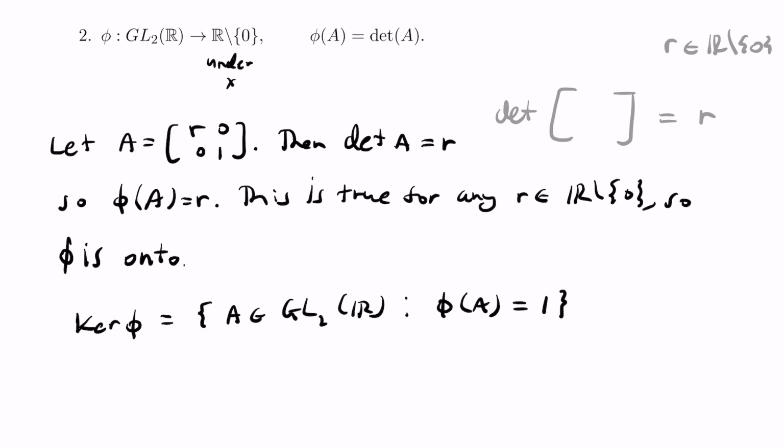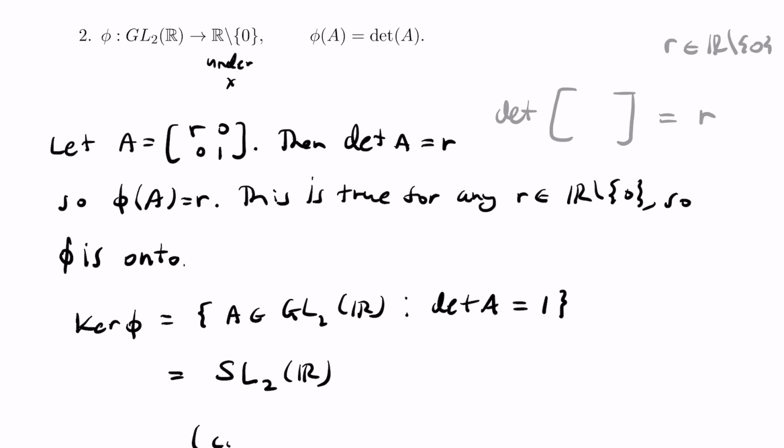Phi of A is the determinant of A, so it's the matrices whose determinants are 1. We actually gave a name to this. This subgroup is called SL, and we'll put 2 in there for 2x2 matrices. SL2R, these are the invertible 2x2 matrices with determinant 1.